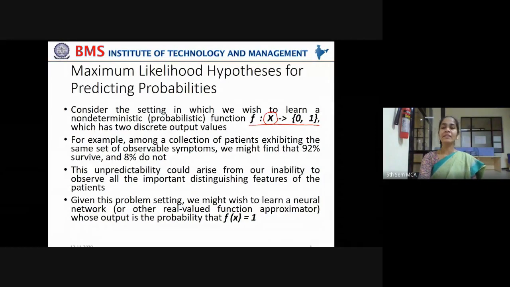In that case, if we take the probabilistic approach, then what we can do is decide a threshold of 0.5, say. All the training examples whose predictions fall below 0.5, you can assign to the negative class, that is 0.